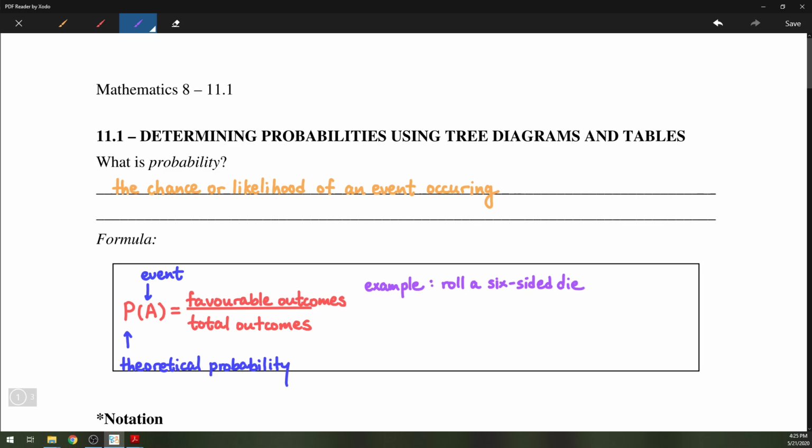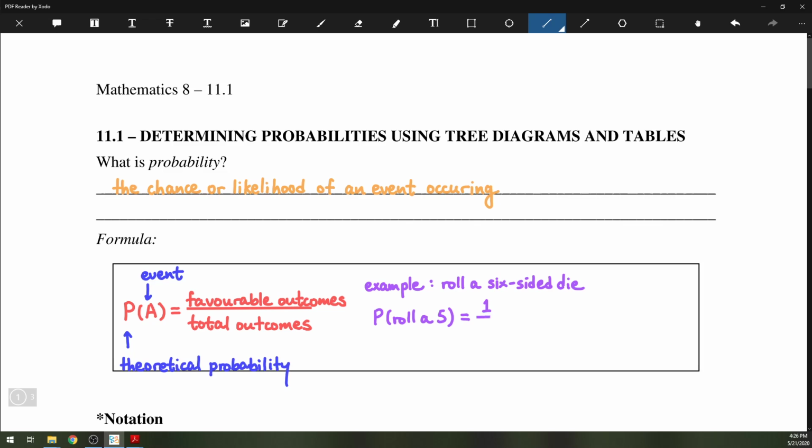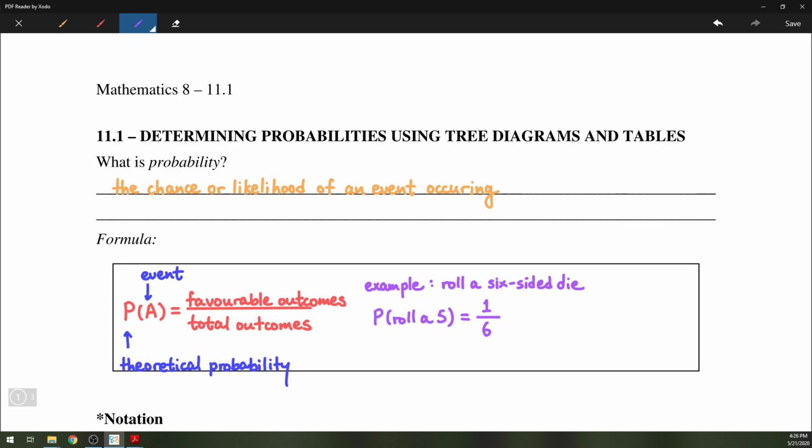Then the probability of rolling a 5 would be, well, there's one face that's a 5 on a six-sided die out of 6 different outcomes, numbers 1, 2, 3, 4, 5, and 6.